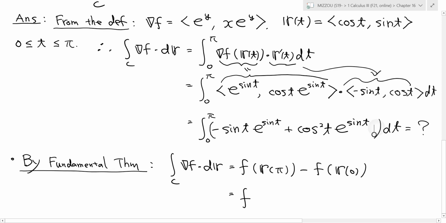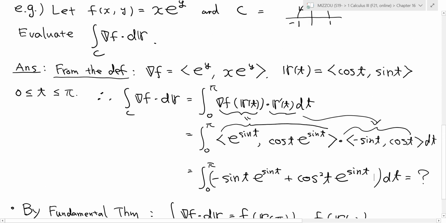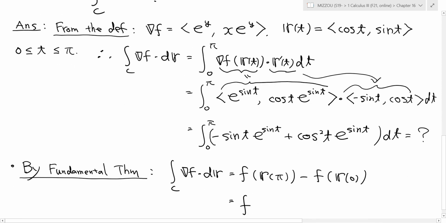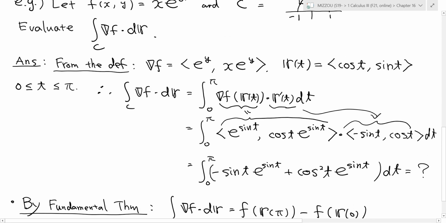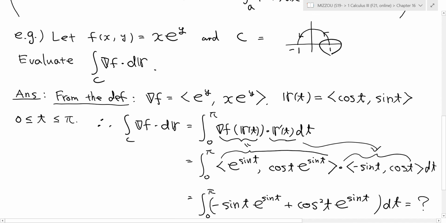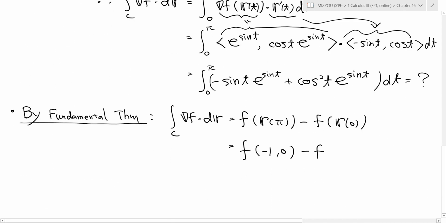What is this? Well, r of pi is the endpoint. The endpoint is, after all, negative 1, 0 in terms of x and y. And r of 0 is nothing but the starting point, so in this case, 1, 0. So all I have to do is compute this difference.